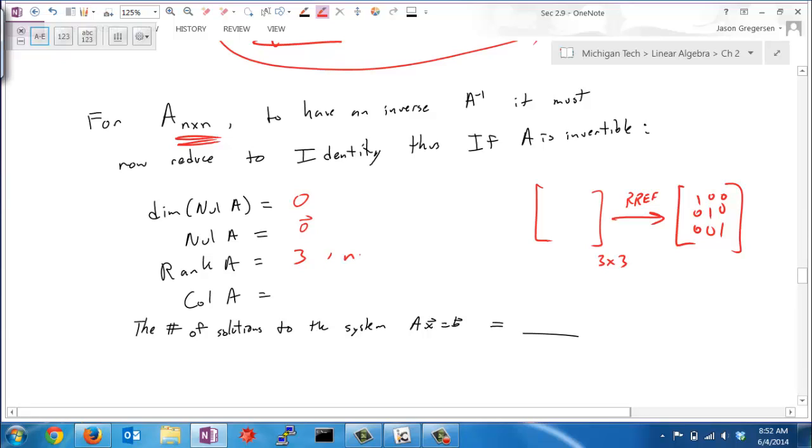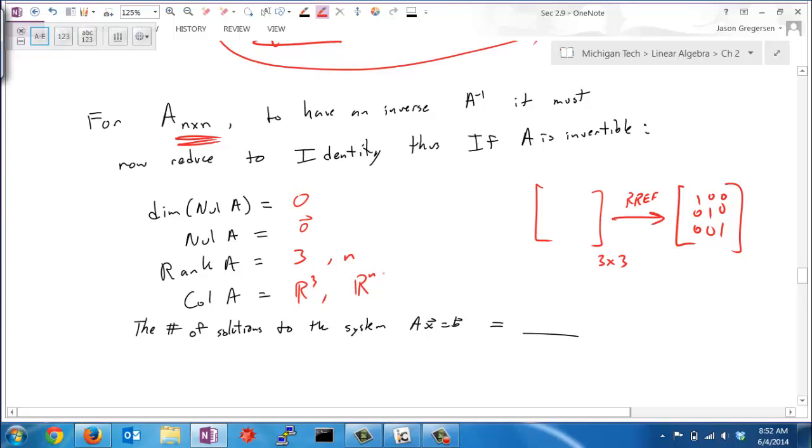And what about the column space of A? What is the column space? Because this is invertible, we know it has to be 1-to-1 and onto. So what is the column space? Is it R3? Or in general, Rn?